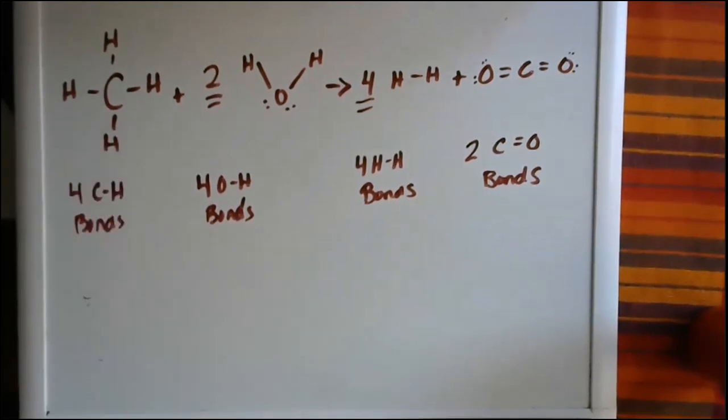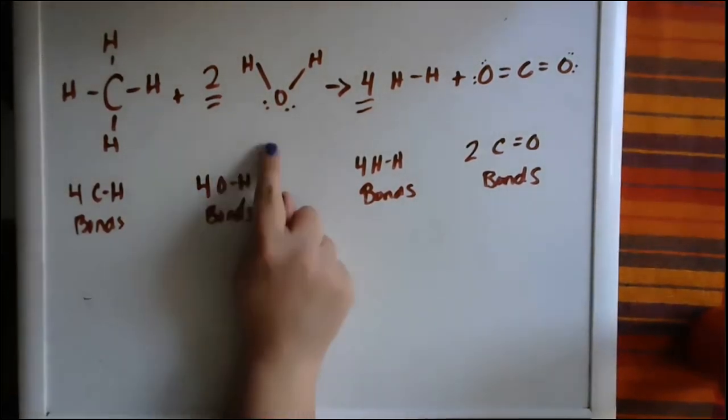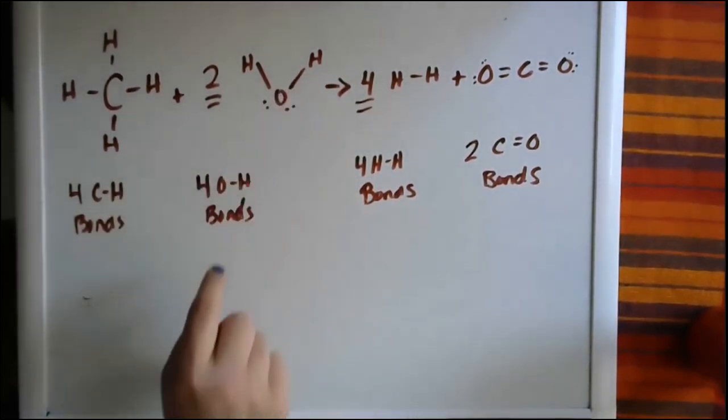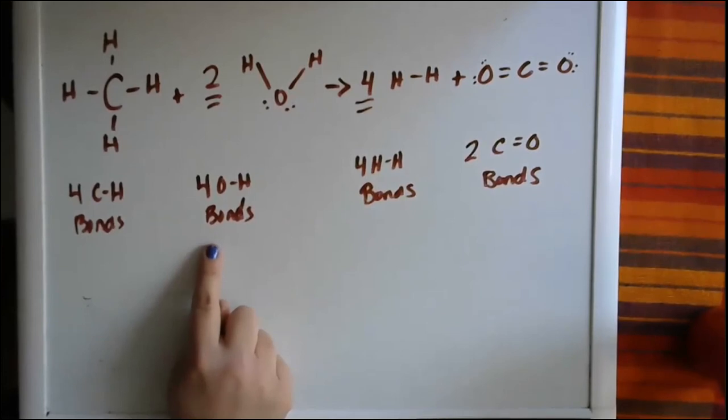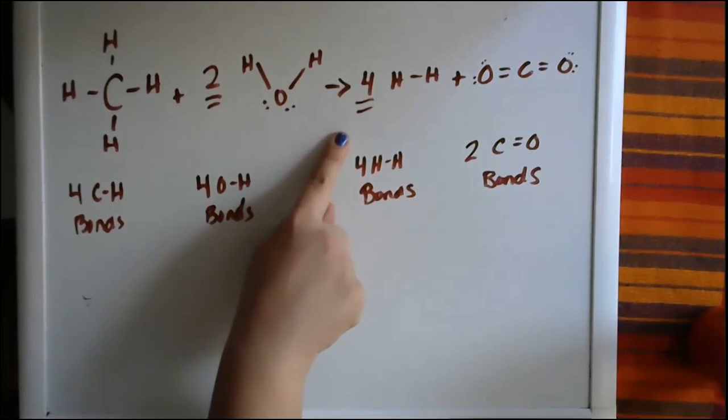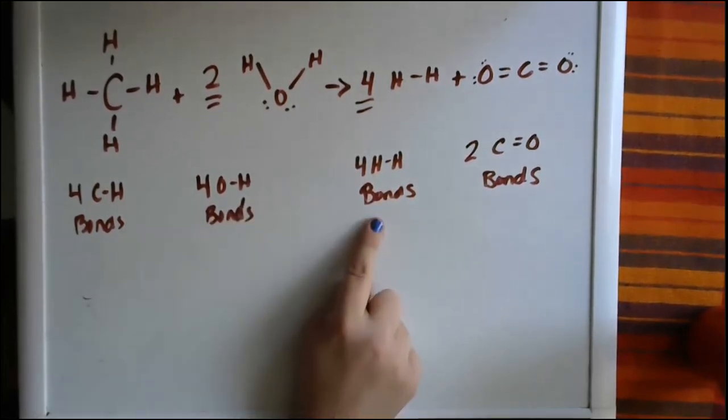When I draw it out, I can see that I have 4 carbon-hydrogen bonds here. This is my H2O. Each H2O is going to have 2 OH bonds, which means I have 4 OH bonds total in my H2O. I've got 4 H2 molecules, which means I have 4 HH bonds.